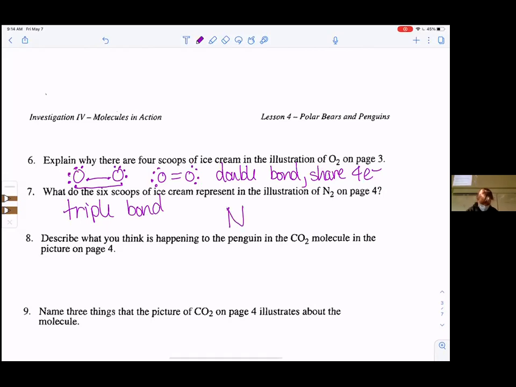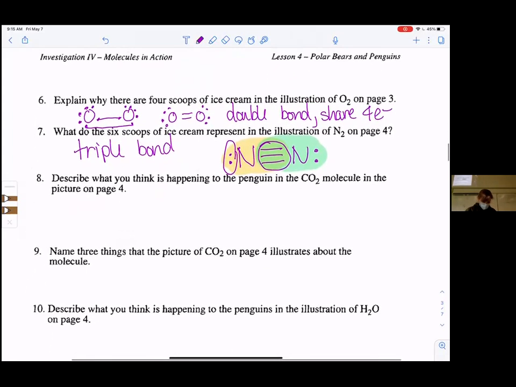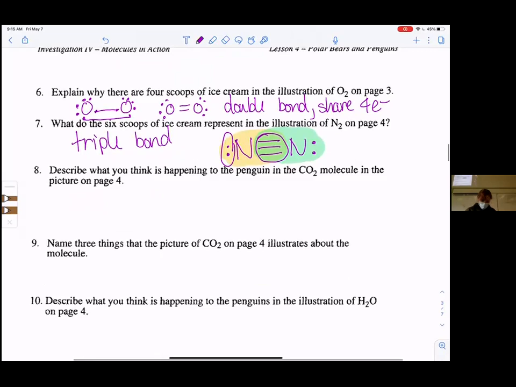You've got nitrogen, and it has 3 bonds to another nitrogen, and they each have a lone pair. So if you look at this nitrogen, it has 2 electrons that are by itself and 6 electrons that are in a bond. So it has 8 electrons, and both of the different nitrogens have that same electron structure. So they're complete. So what do you think is happening to the penguin and the CO2 molecule in the picture on page 4?